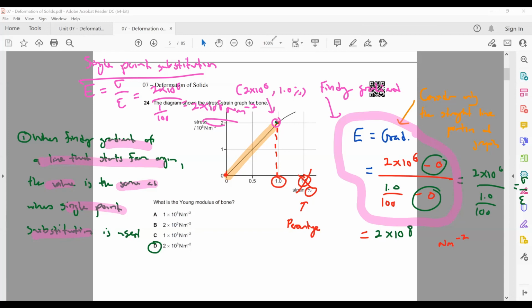Because if it is gradient of a line that starts from origin, it's actually the same as you doing single point substitution. Like the ones that you see here, because it starts from 0, this one will actually just cancel off. I mean, it doesn't cancel off. The 0 is just nothing there. In the end, it gives you something like this, which is the same as this, which in turn is going to be same as this.